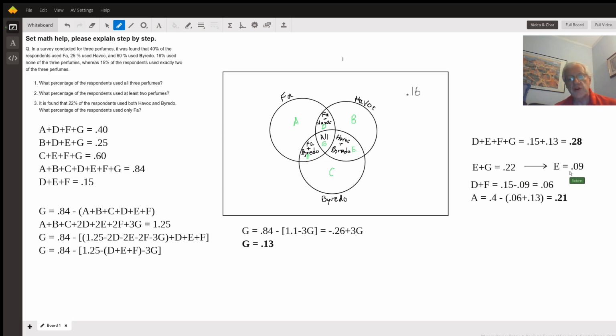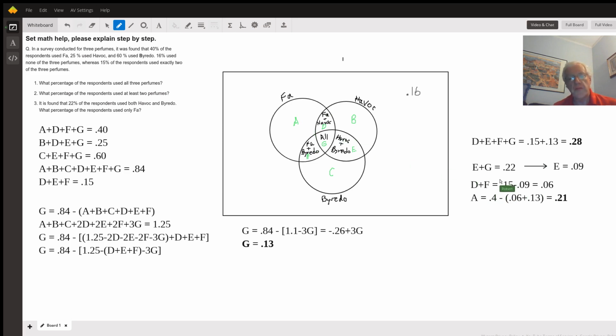The part that is just the two, then, we know Havoc and Byredo together just form 0.09. All right. And so D plus F plus G are the parts of those that use Fa which are not A. A represents those who use Fa only.